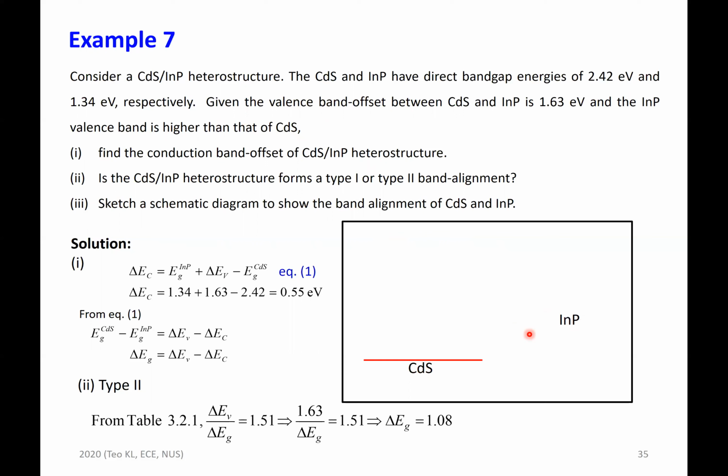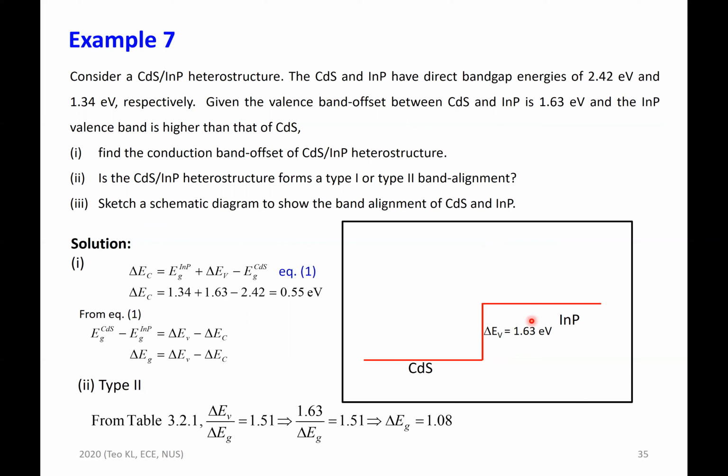So you draw the valence band as two lines, with the indium phosphide valence band higher than that of the cadmium sulfide. That gives you delta EV to be 1.63 eV, which is the valence band offset given to you.